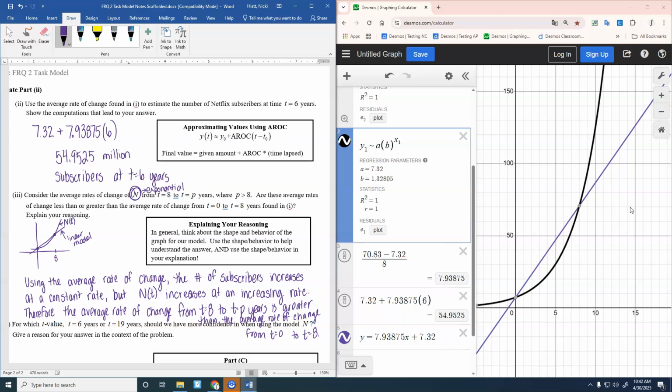So I'm just restating what the question asked, like this part: are these average rates of change less than or greater than the average rate of change from 0 to 8 years, found in part 1. So you're just saying this stuff that they said, I'm restating that, is greater than this other stuff that they said.